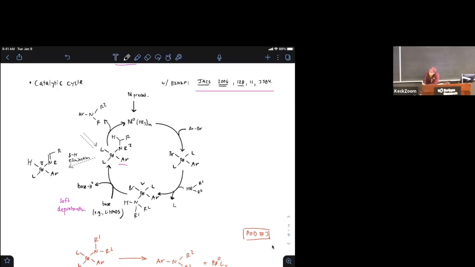Replace another ligand. Beautiful. So there's nothing here in principle that is stopping you from coordinating another equivalent of amine.